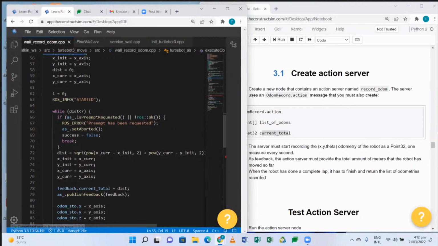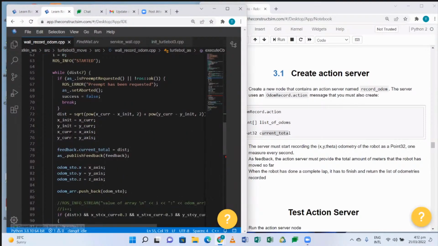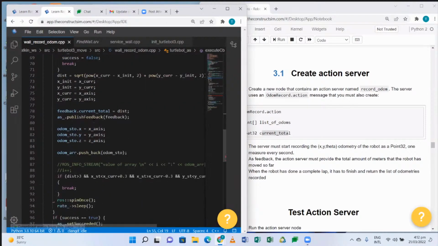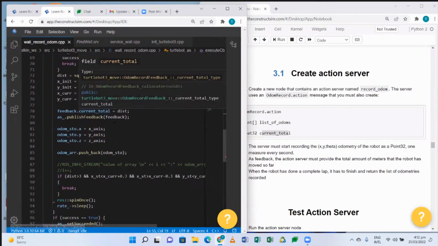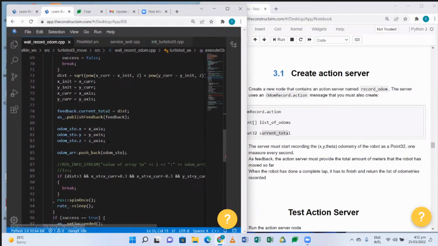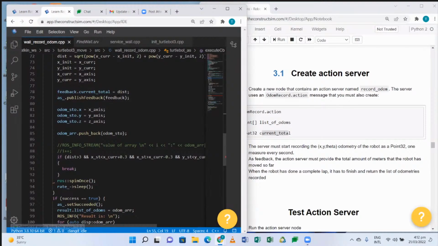And then the x current and y current values would be the newly updated values after going through the callback of odom, of where the robot is in that moment.